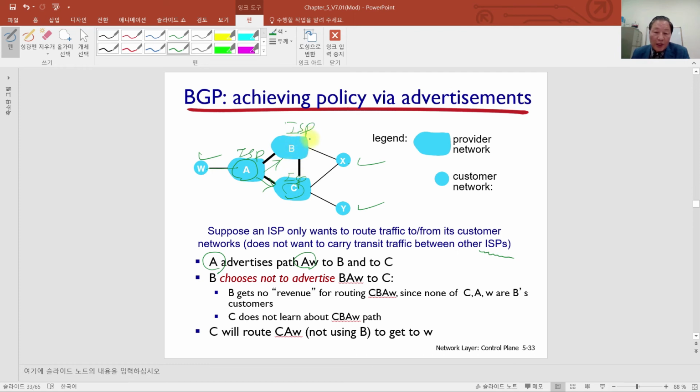For example, this one is SKT, this one is LG U Plus. Then this one is not providing that information to this. Instead, it will be sent to its customer directly.